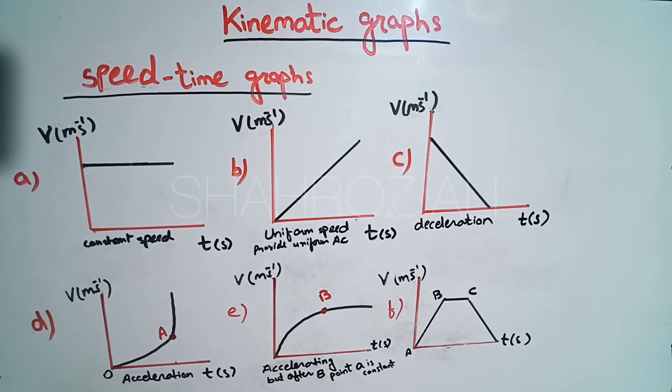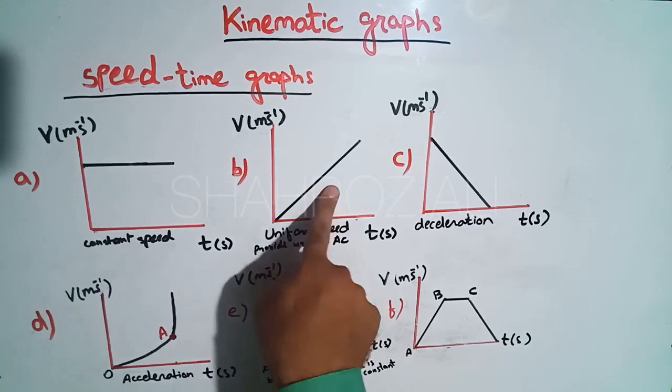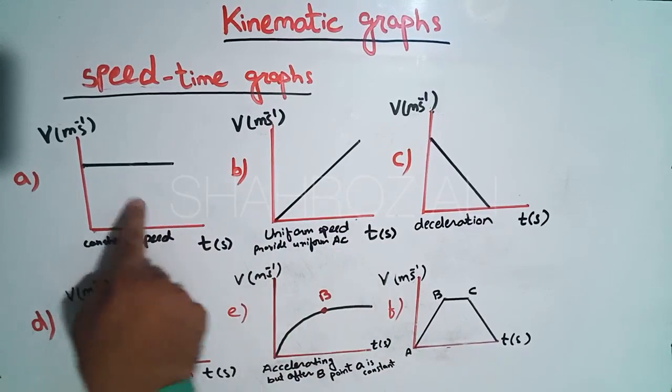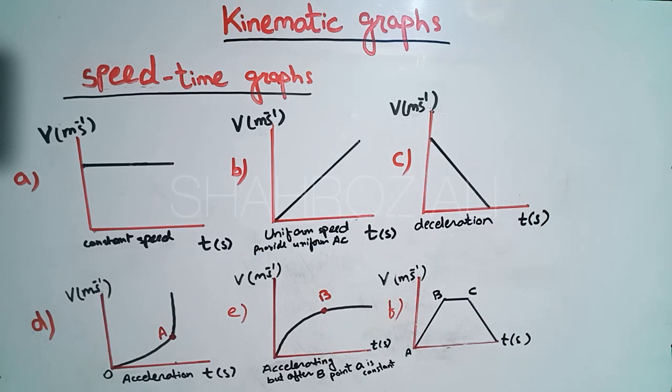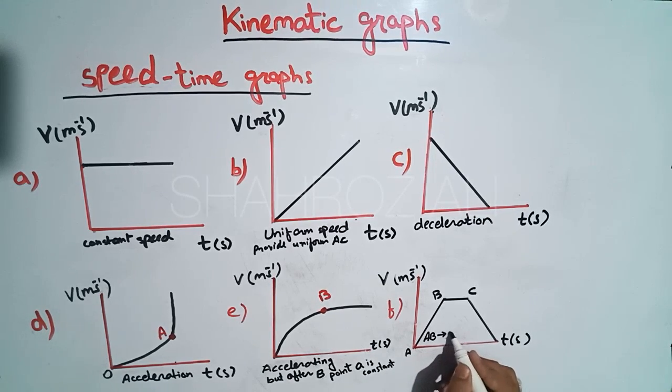In the last graph, as you can see, a line similar to graph A, a line similar to graph B, and a line similar to graph C give us information about a body that is moving with constant speed, also having uniform acceleration and deceleration. From A to B, I am just writing a simple word: the body is accelerating.